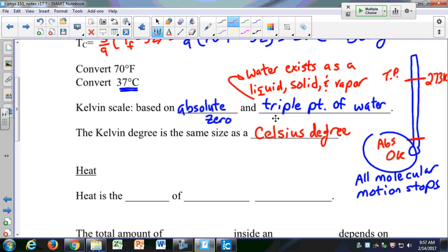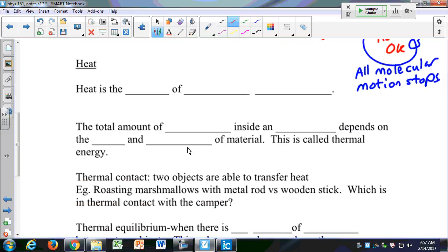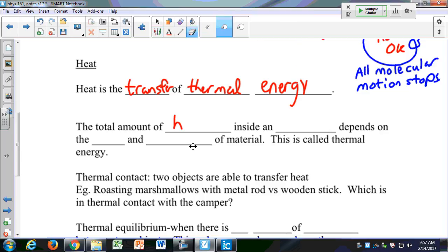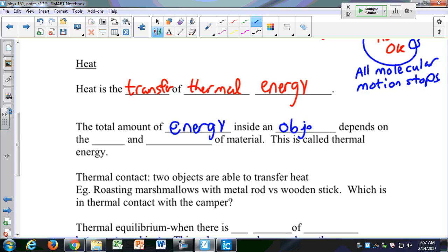All right, let's look at heat. Heat is the transfer of thermal energy. The total amount of energy inside an object depends on the type and amount of material.